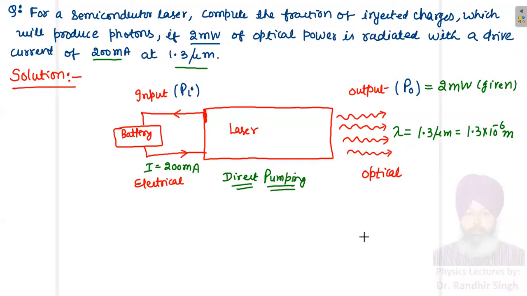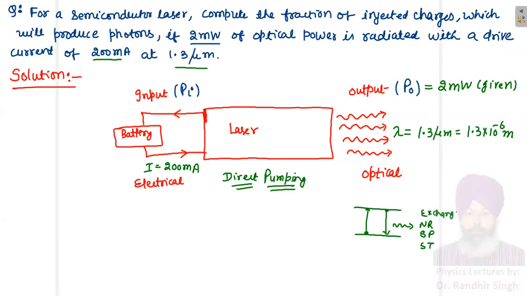Please remember that when an electron, suppose this is the energy level diagram, goes to the excited state by absorption and then comes down, it will emit a photon. Now this could be non-radiative, spontaneous, stimulated, or the photon could also go for exchange energy.